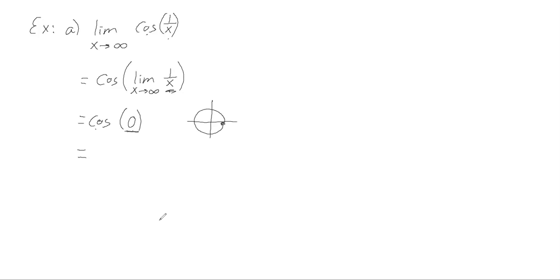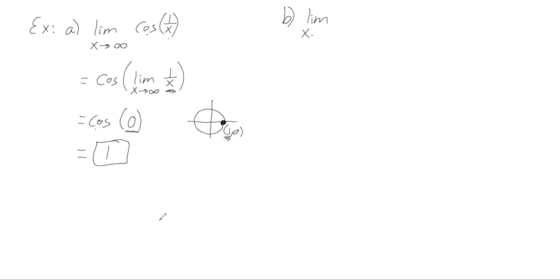Unit circle again. 0 radians, I'm right here. What is that cosine value? 1. Now in calculus, we're going to be using radians all the time unless it says otherwise, okay? We use radians in calculus just about all the time.